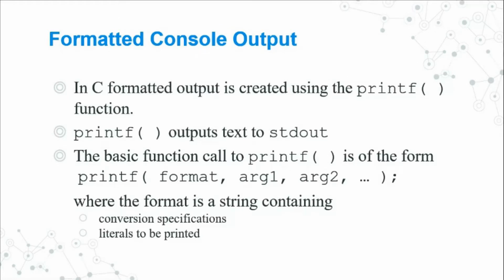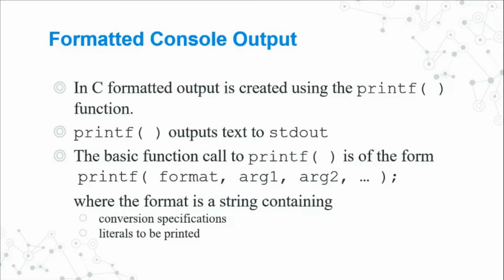The printf outputs text to stdout, the standard output device. In our case, stdout is the monitor itself. So the printf statement displays on the screen the message given as the argument to that function.